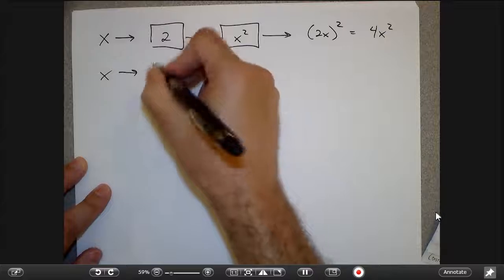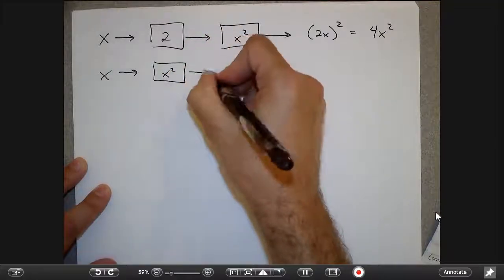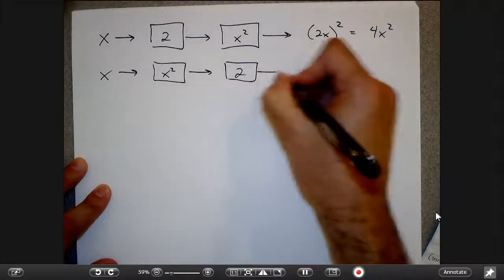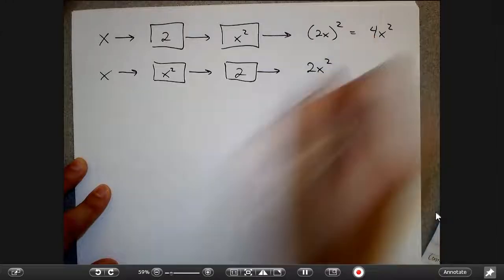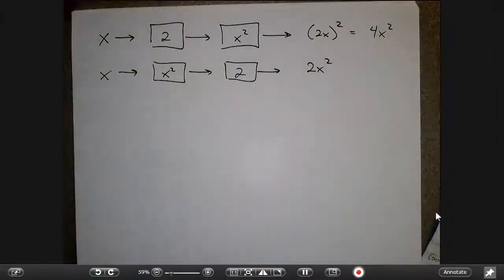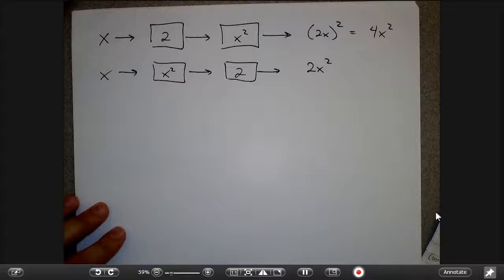Whereas if I were to square the signal first, then multiply by 2, what I would get would be 2x squared, right? So here, this is a situation where interchanging these two blocks doesn't give me the same answer, and the reason is that this x squared block is not linear, right? So I can't use my LTI properties, okay? And so that's an important thing to remember, that this system interchangeability only applies to LTI systems. Okay.